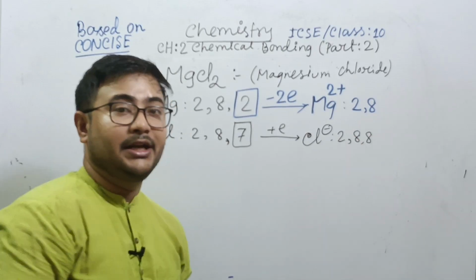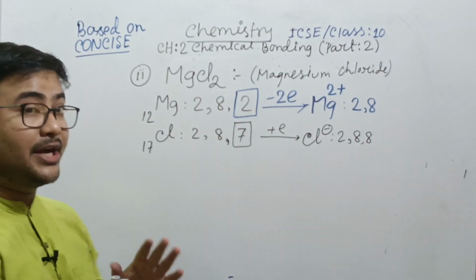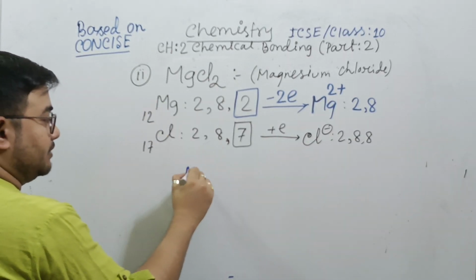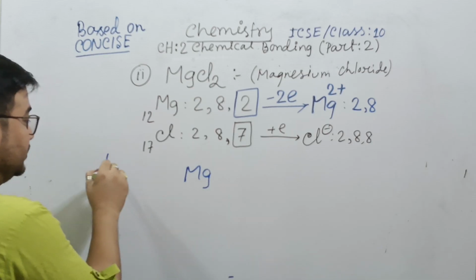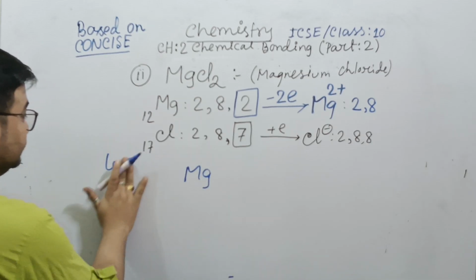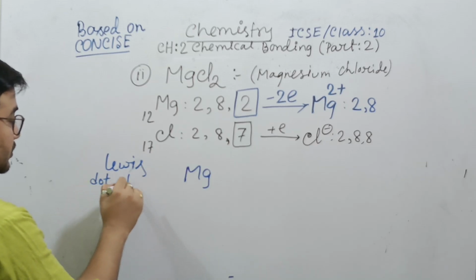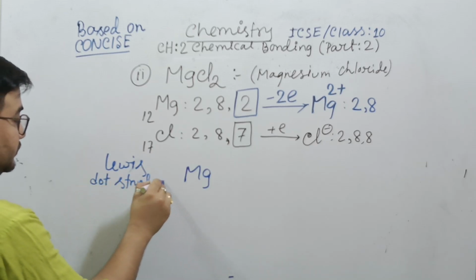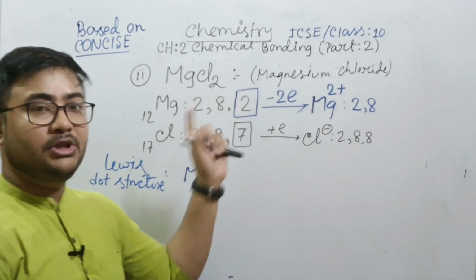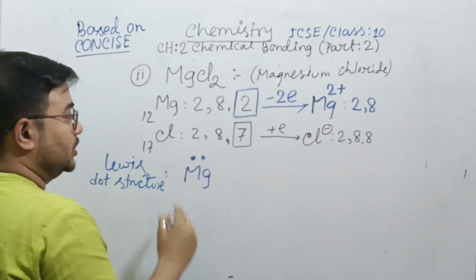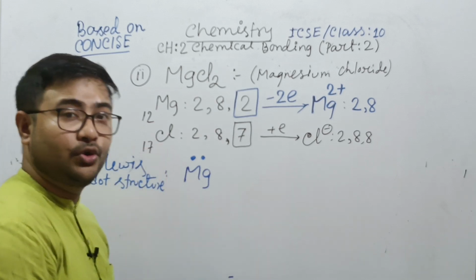It is done. Now try to understand the Lewis dot structure. For magnesium, Lewis dot structure means only the last electrons. So how many electrons are here? 2. But try to understand in case of chlorine.